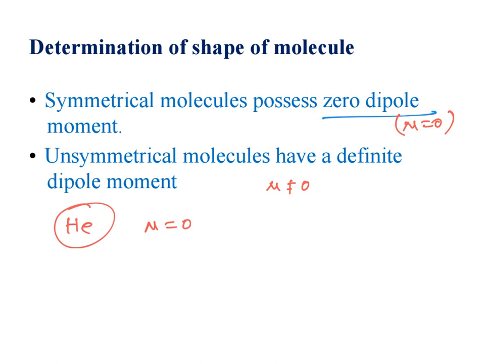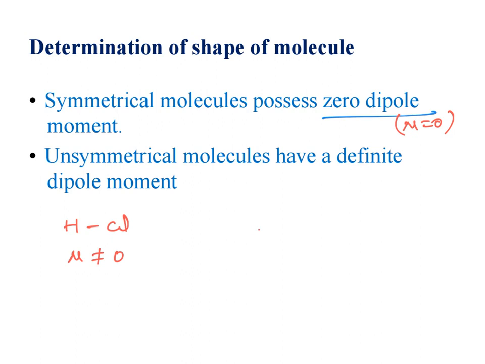Let's take a diatomic molecule. In diatomic molecules, let's take two cases: one is homonuclear, another is heteronuclear. The best example is HCl. It is a diatomic, heteronuclear molecule. In this case, the molecule is linear, but the dipole moment is not equal to 0.